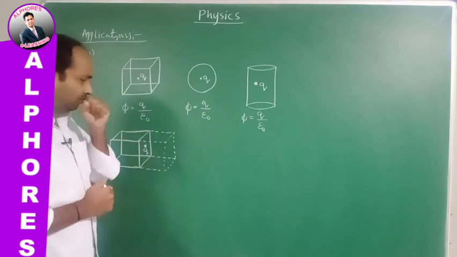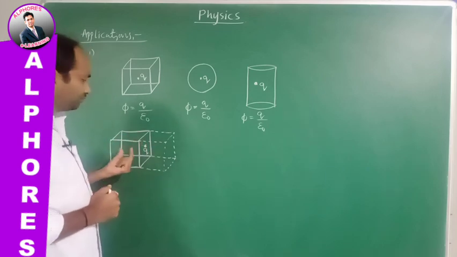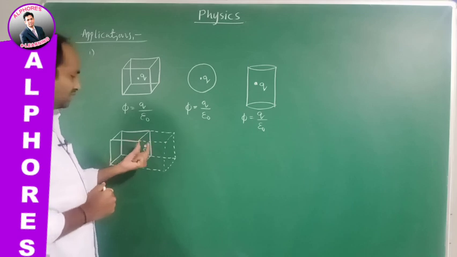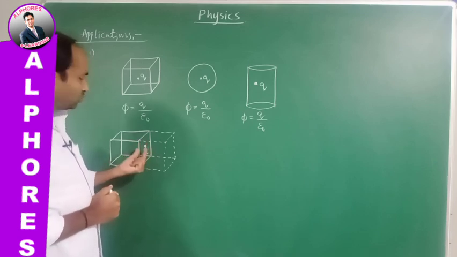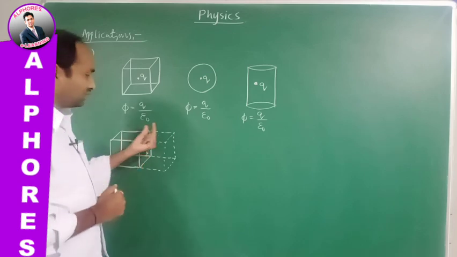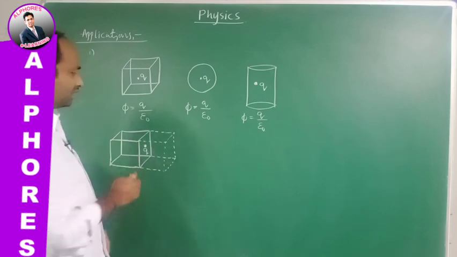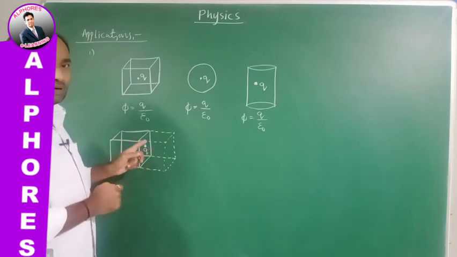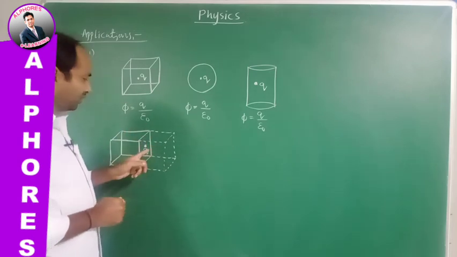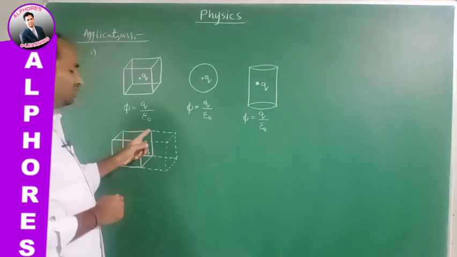When the system of two cubes is enclosed by the charge q, the flux passing through the system of the two cubes is q by epsilon naught. But actually only one cube is there here.